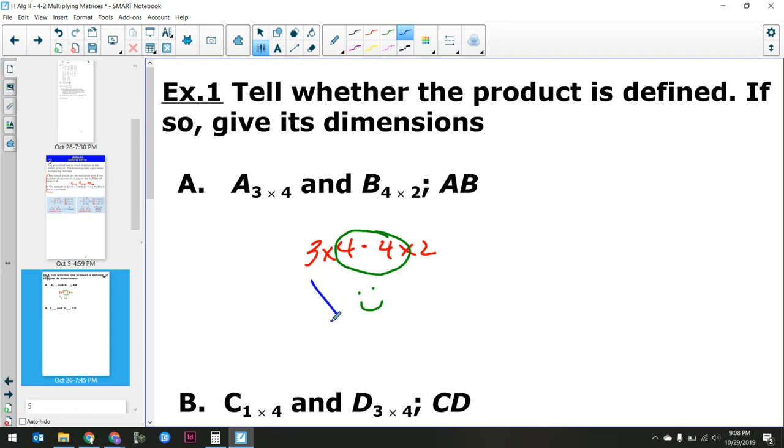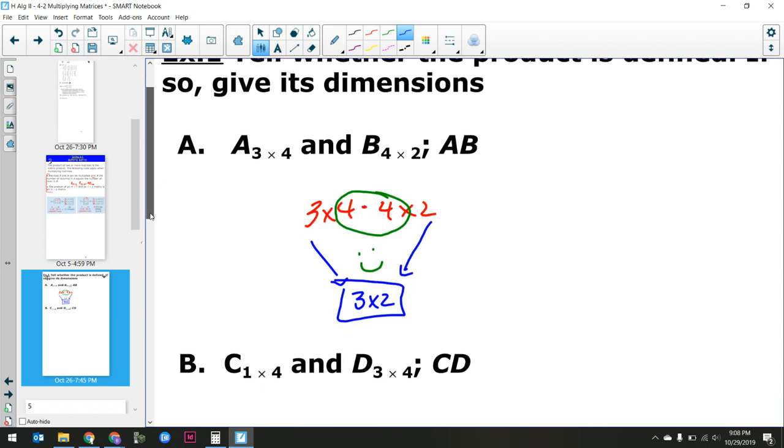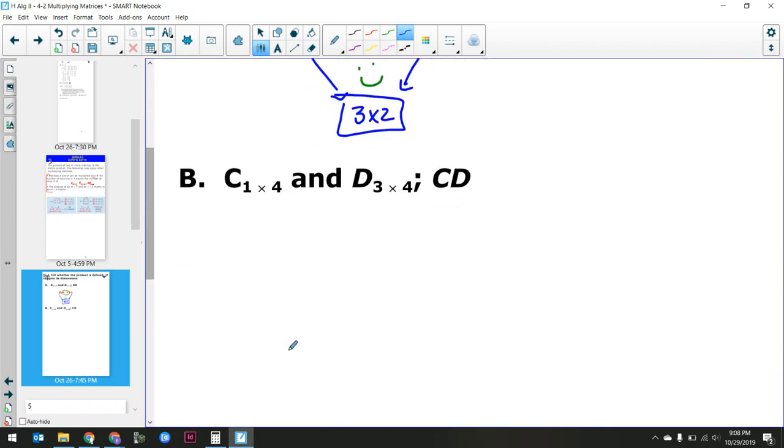So the result is a 3 by 2 matrix. We don't know how to make it yet, but we know it's going to be a 3 by 2. Is this doable? 1 by 4 times a 3 by 4. Is that possible? No, not possible.